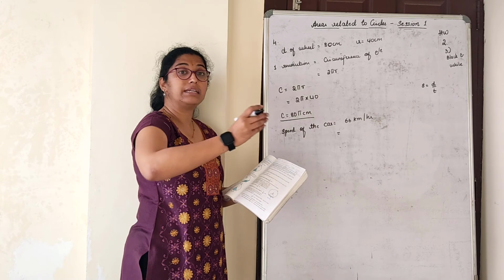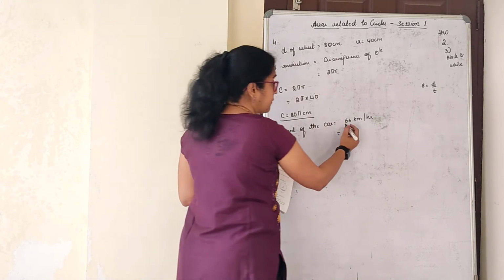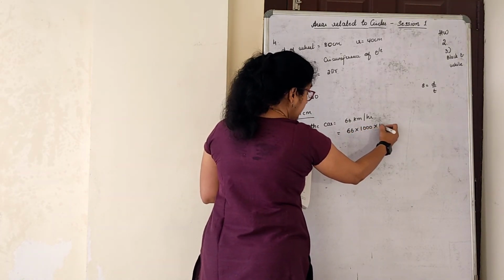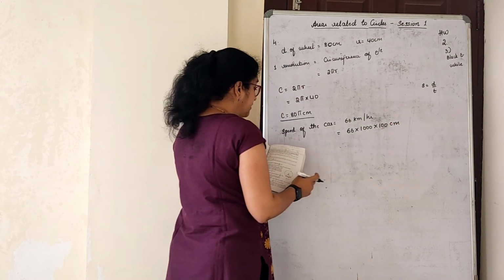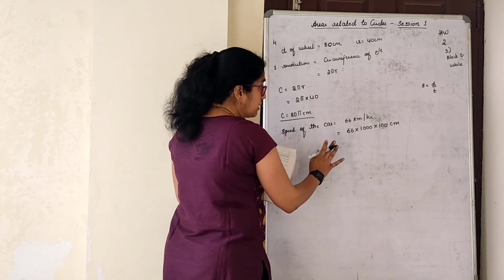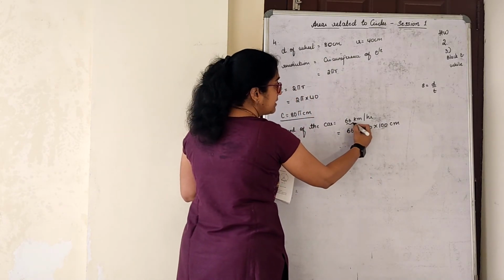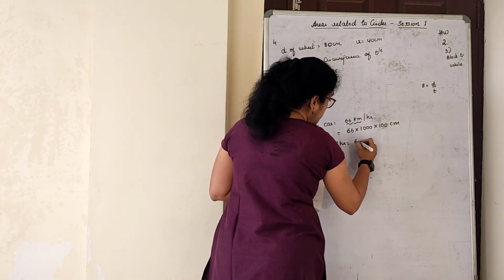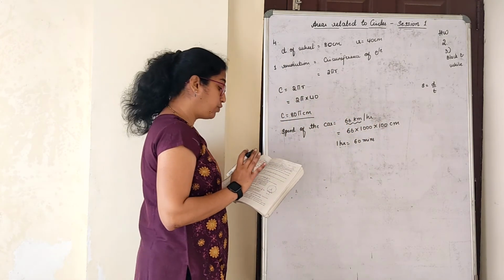You need not follow centimeters, meters, seconds or kilometer per hour; we already discussed why in the previous part. So 66 into 1000 into 100 centimeter. This much part we have covered here, upon the hour; that is with respect to time, we will see later. So this main thing we converted in terms of centimeter. Only this part: 1 hour is equal to 60 minutes. Just write here and leave it. This is the major conversion we have.